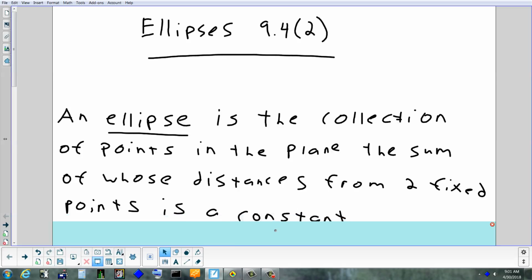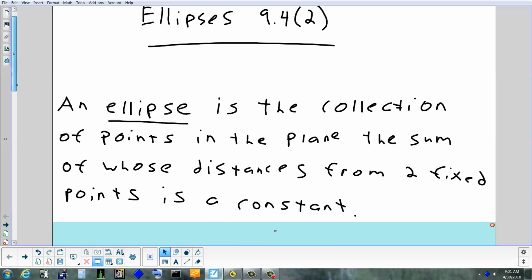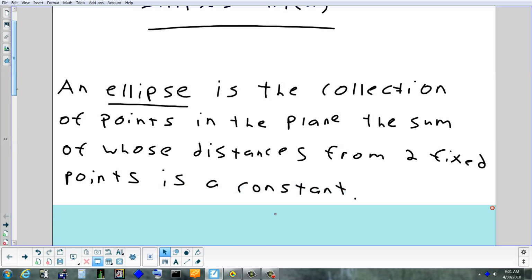So you pick a point on the ellipse, you measure the distance to one special fixed point, measure the distance to another special fixed point, add them up, and you will always get the same thing. Now, what that constant is, that can change for different ellipses. Okay? But for a given ellipse, the constant is the same.